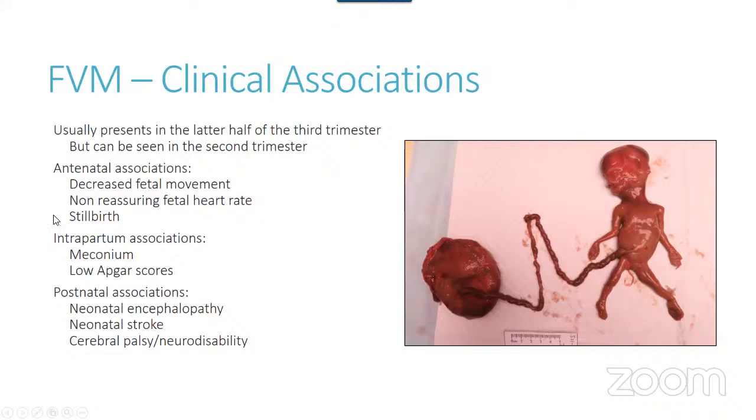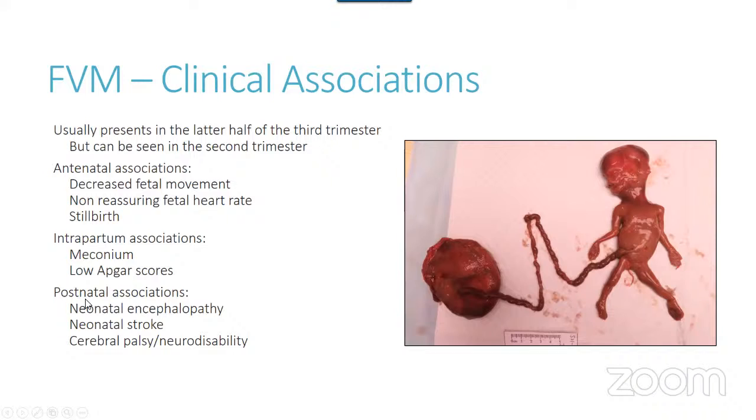But when you're looking at it retrospectively, reviewing your placentas and reading your clinical history, some things you may notice that tend to happen more in cases of FVM are decreased fetal movement, non-reassuring fetal heart tracings, and, as you can see in this case and in many other cases, stillbirth. Some intrapartum associations that you may see are meconium exposure, particularly before term, as well as low APGAR scores.